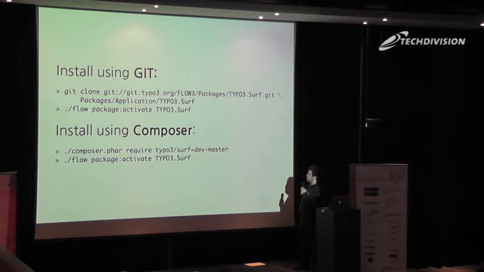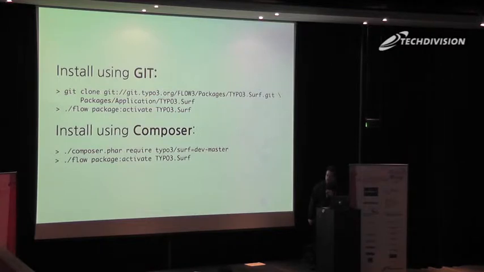So you can just clone it from Git. I've always been more comfortable with that. I haven't really had much time to look into Composer, but you can also install it using Composer and add it as a dependency. I think in most cases you would just want the current master branch of Surf.